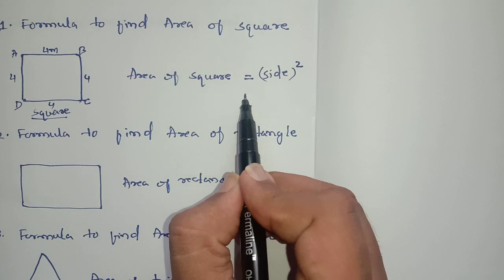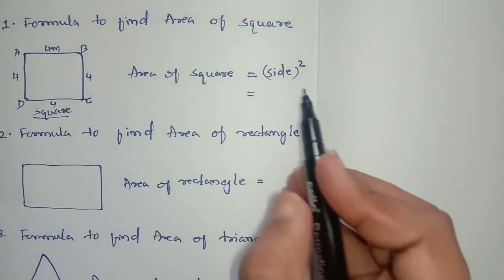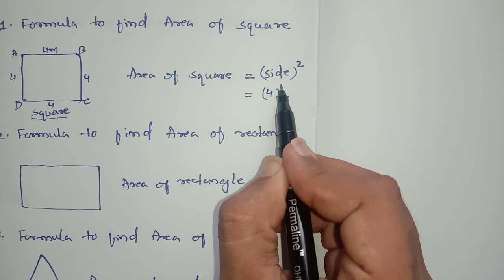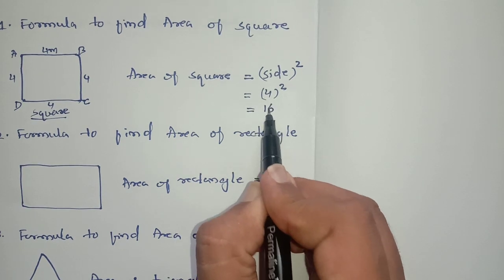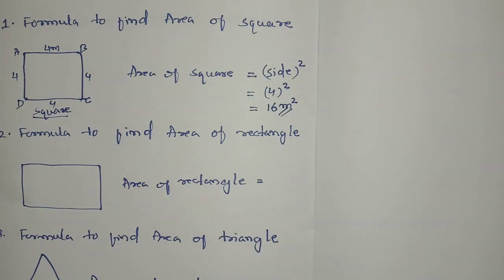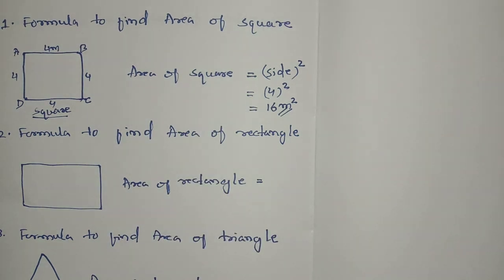And what will be the area of square? Side is 4, so we have to substitute here 4 square. We'll get 16. Answer is 16 meter square. This is how we can find the area of square, student.